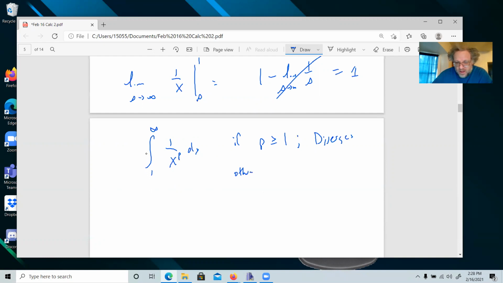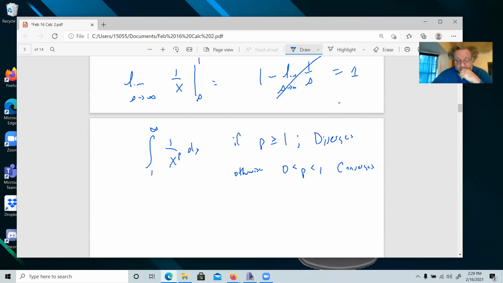Otherwise, p not equal to 0, because 1 over x to the 0 would be silly. If p is less than 1, it converges to some value. I don't know exactly what it's going to be. It's going to depend a lot on other factors and coefficients here.